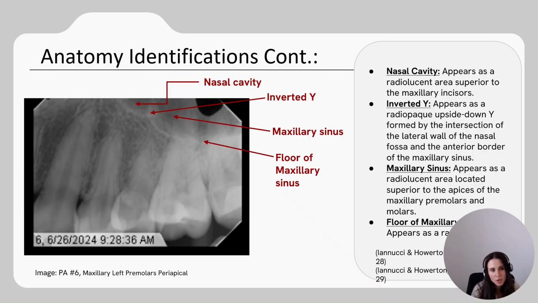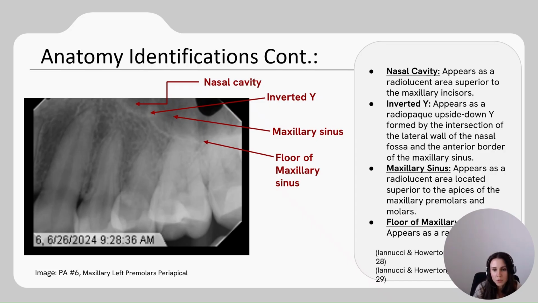And then right underneath, to the right of it, is the inverted Y, which appears as a radiopaque upside down Y formed by the intersection of the lateral wall of the nasal fossa and the anterior border of the maxillary sinus. And then right next to it as well is the maxillary sinus.